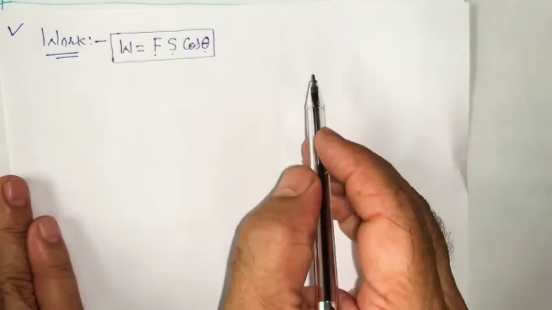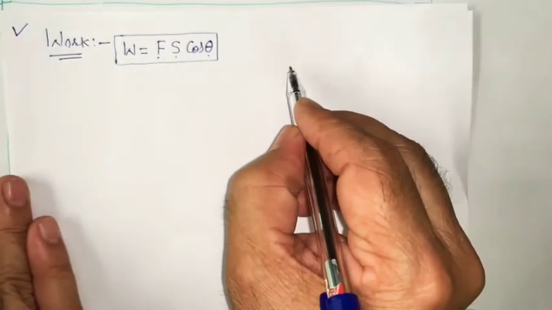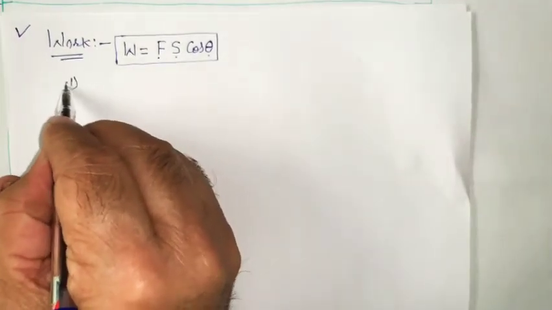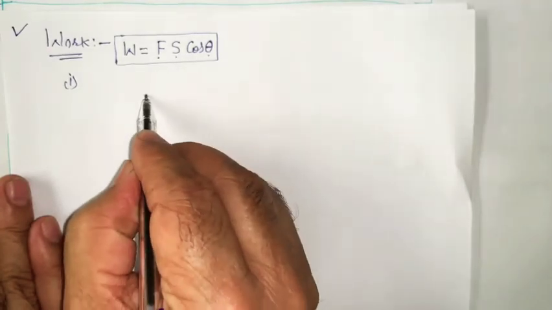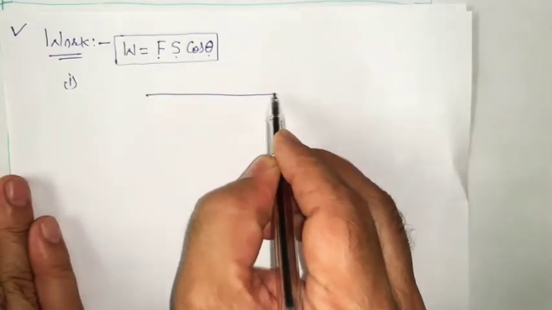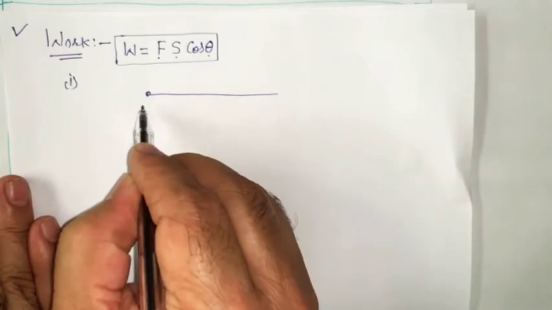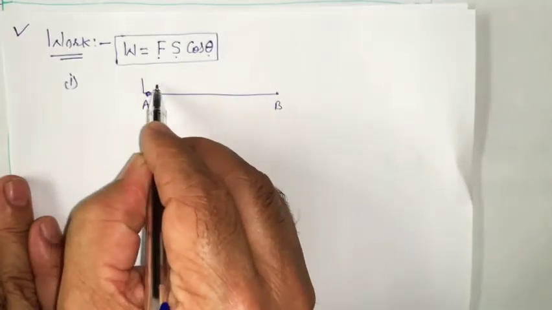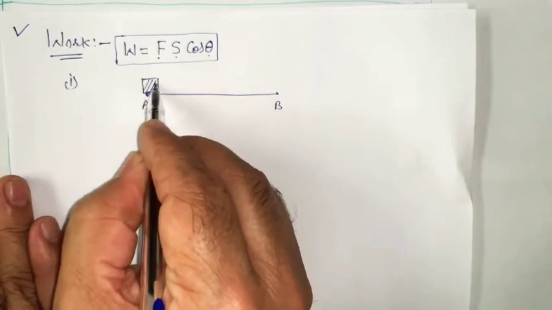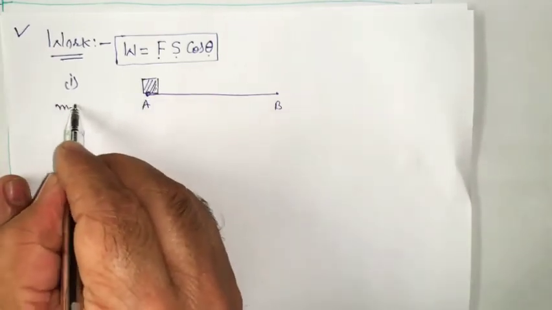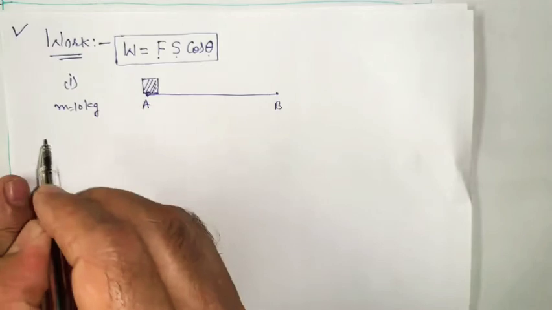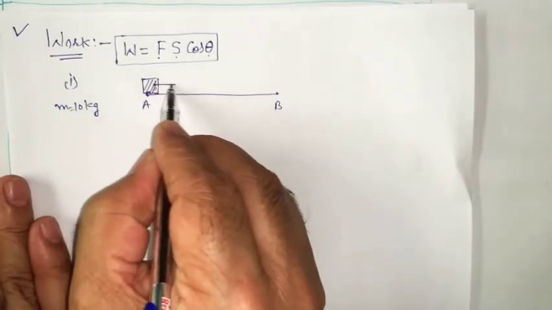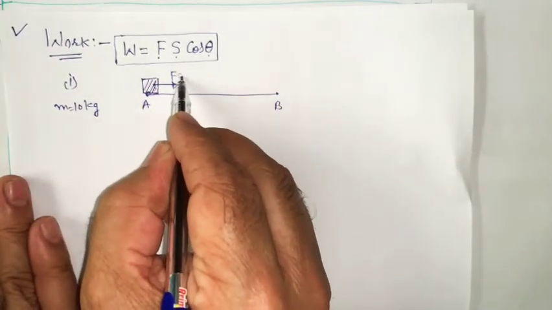For example, let me suppose the first case numerical: a body moves from A to B. Let me suppose the mass of the body is 10 kilogram. Let me suppose force acting is 100 Newton.